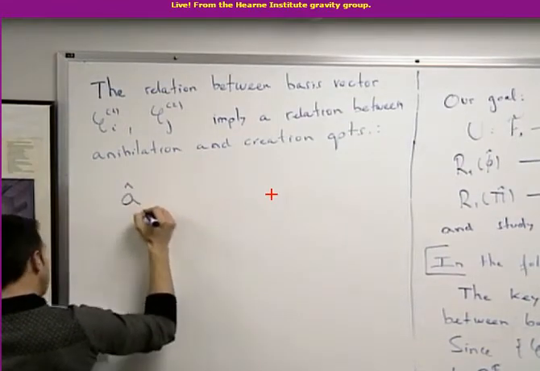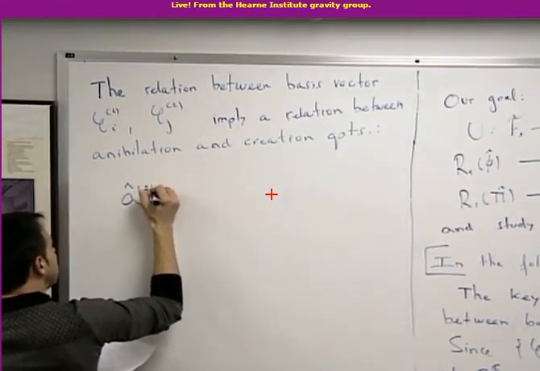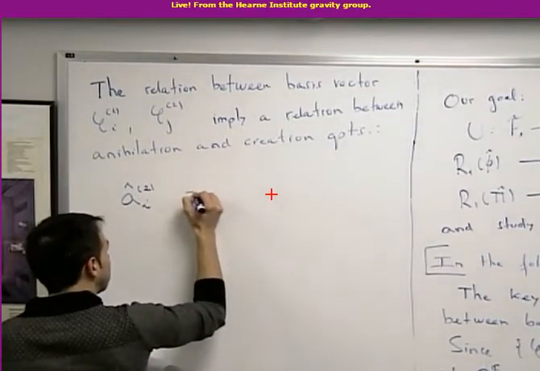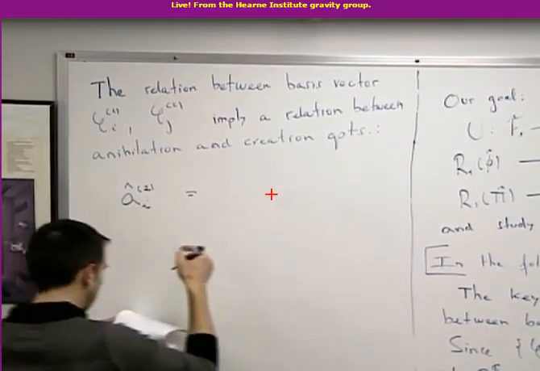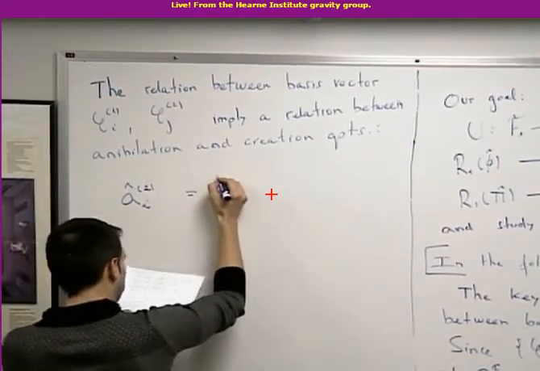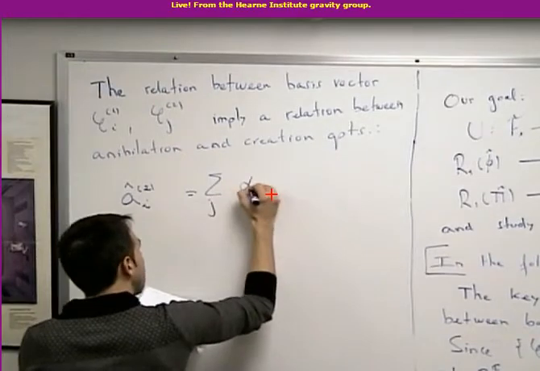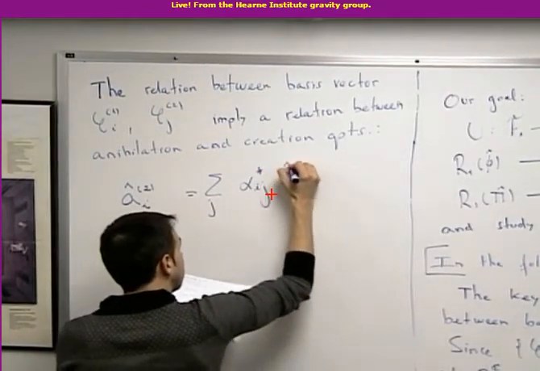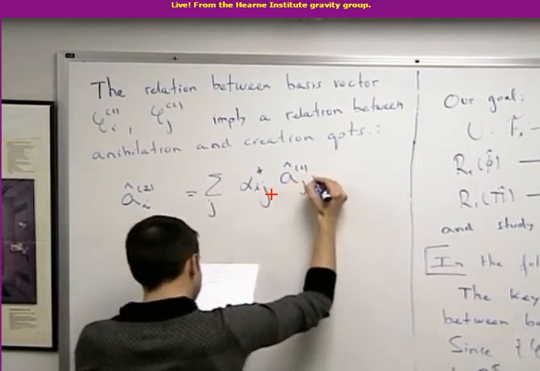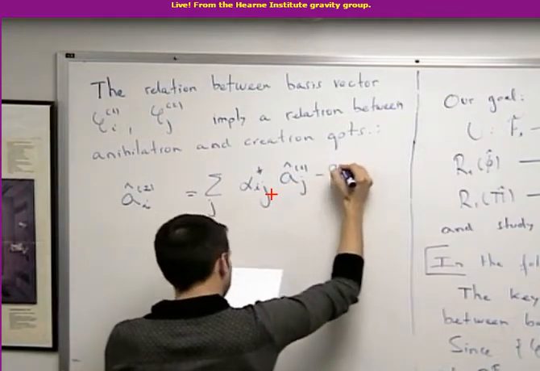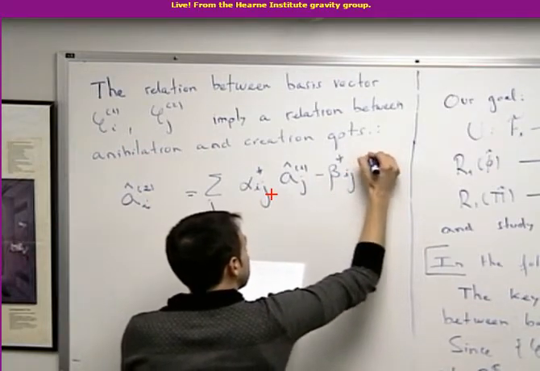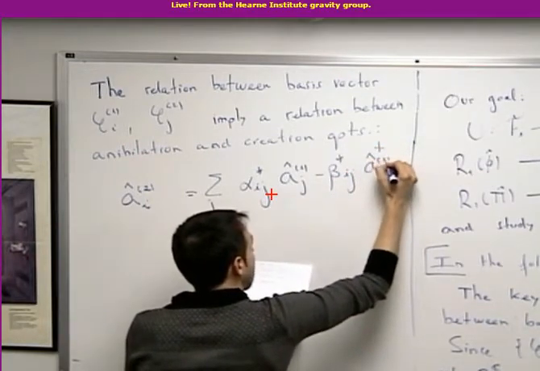So the annihilation operator in the Fock space 2, labeled by the index i, is, I'm going to leave here some space because I'm going to write something here, the sum over j of alpha ij conjugated a1j minus beta star ij a dagger 1j.